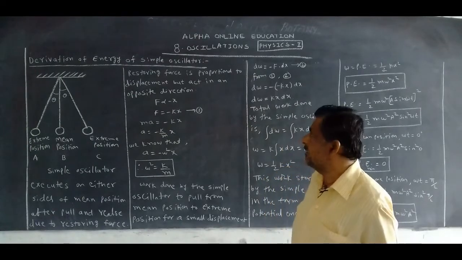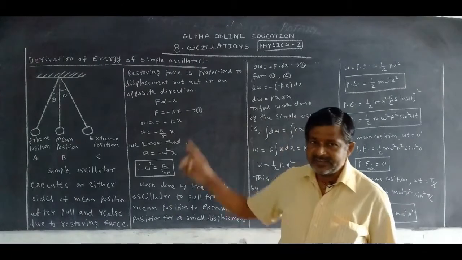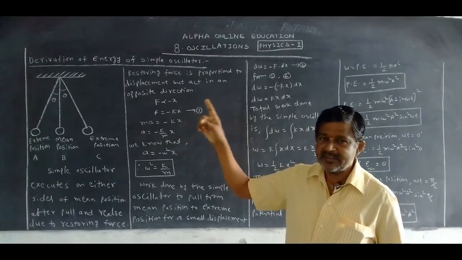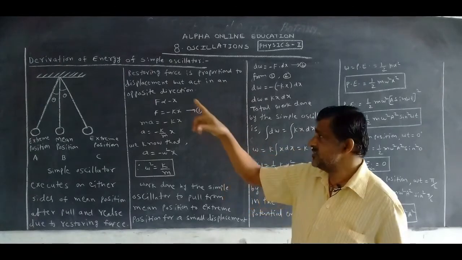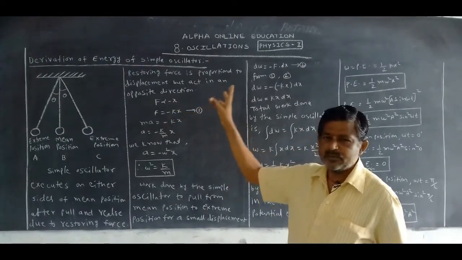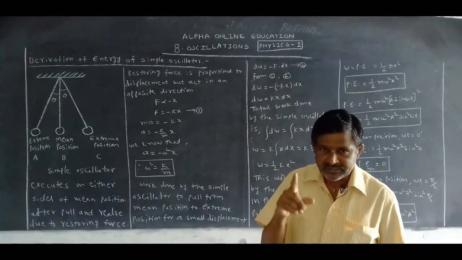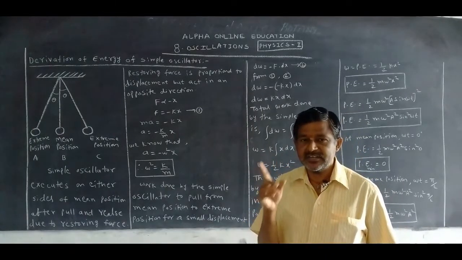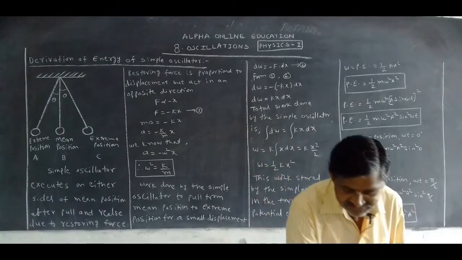Otherwise, derive the energy of a simple oscillator. We can get this topic in the examination in the form of 2 questions. The first question is derive the energy of a simple oscillator, a direct question. Otherwise, show that the simple oscillator obeys the law of conservation of energy.